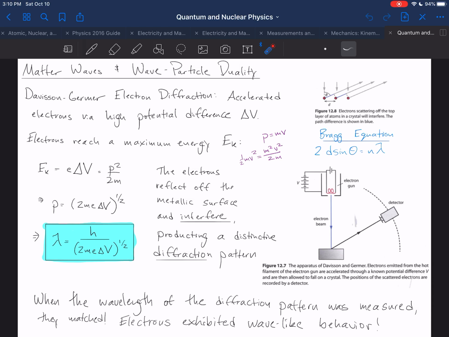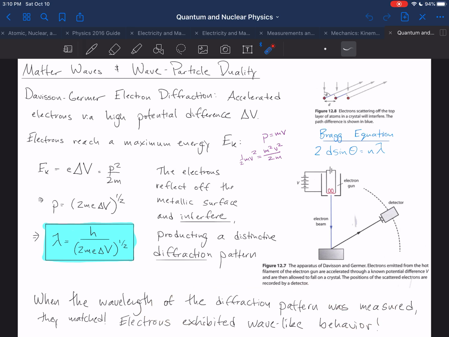How do we know what's going on? Well, if we take a detector and we change the angle of that detector off that reflection, we see peaks in the electrons that are detected that look identically to a wave interference or diffraction pattern. And this is absolutely crazy.